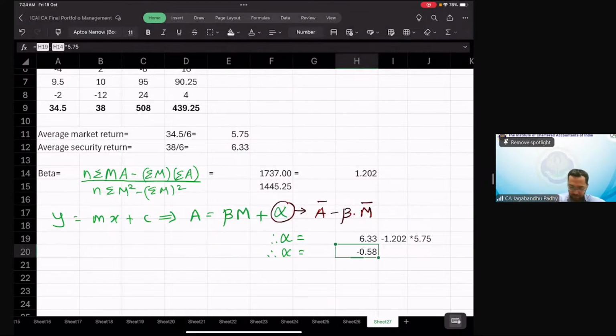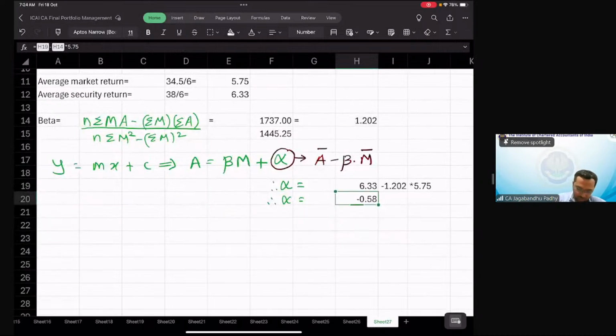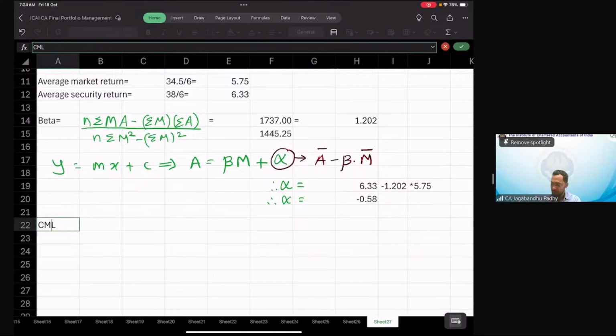So finally, we get the regression equation, or the characteristic market line. So characteristic market line is not capital market line, CML. This is our characteristic market line.